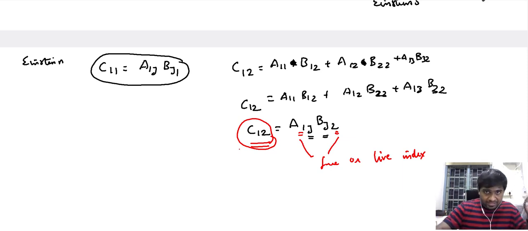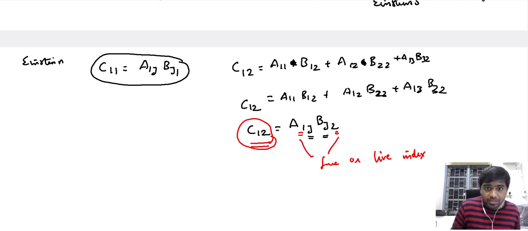When you consider an element of the product matrix, it comprises a pair of dummy indices and also a pair of free indices. Depending on what values the free or live index assume, there will be a corresponding element in the product matrix. Here the live index have assumed the values of 1 and 2, so there is a corresponding element in the product matrix.